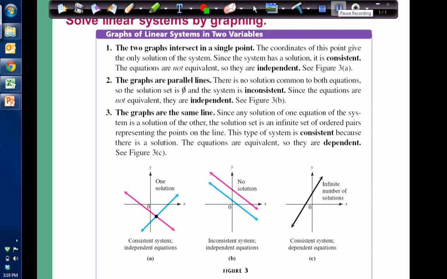Some different things can happen when we're looking for solutions to the system. In this first case, you have two lines being graphed, and they intersect in one point.